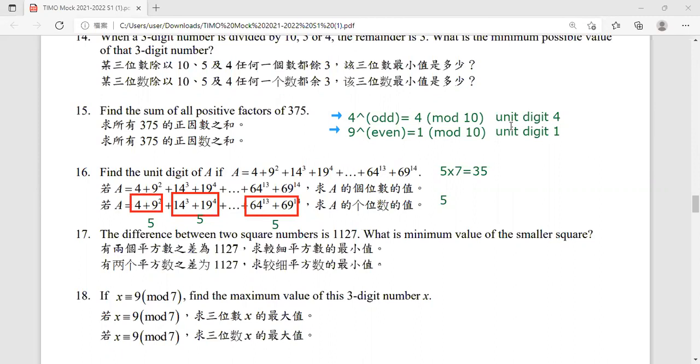So we have a 4 here. We have a 4 here. You have a 1 here. So adding up to 5. And if we have also a 4 here, we have also 1 here. Adding up to 5 again. Now we have 7 sets of these. So the last digit will be 5 times 7, which is 25. Which means the last digit will be 5.